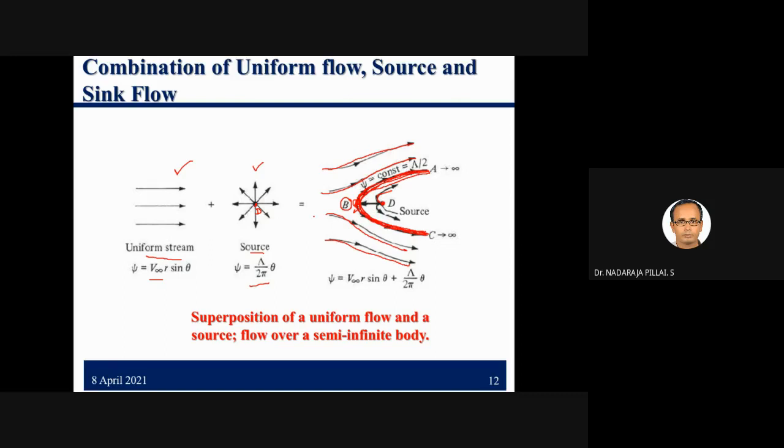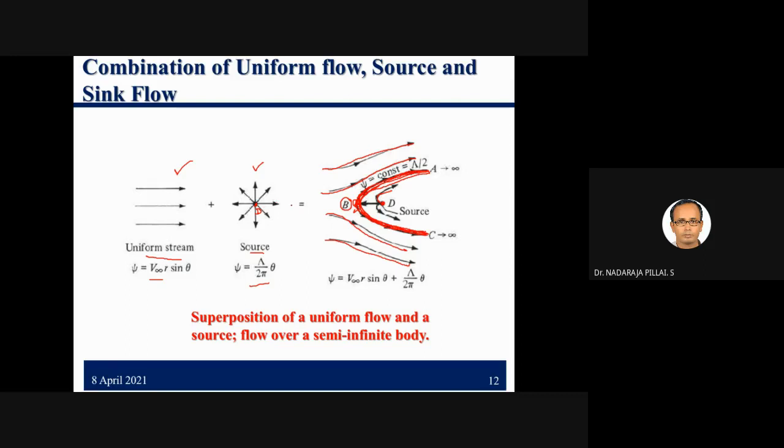Now I will ask you how to do that theoretically with a circular cylinder. If I want to create a circular cylinder, or an oval body, that we will discuss. The superposition of these basic flows can lead to creating an aerodynamic shape, right? So now you have the source here.